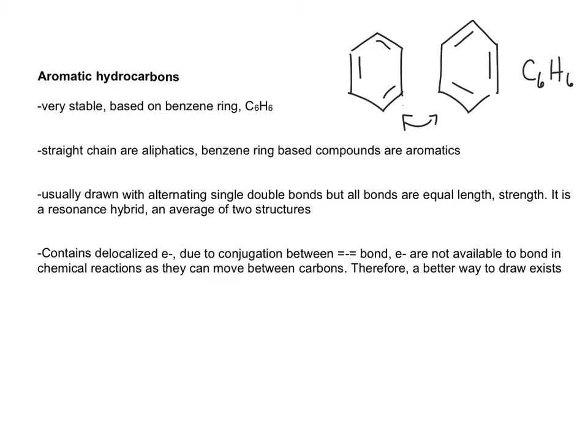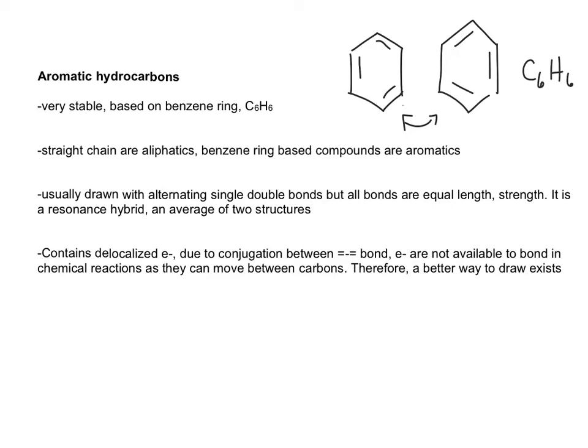That means electrons are free to roam across all of the carbons. We cannot pinpoint them down into one single or double bond. And this is because of this terminology called conjugation, and conjugation means double, single, double bond. So these electrons are not available to bond in chemical reactions. So this structure is very, very stable.